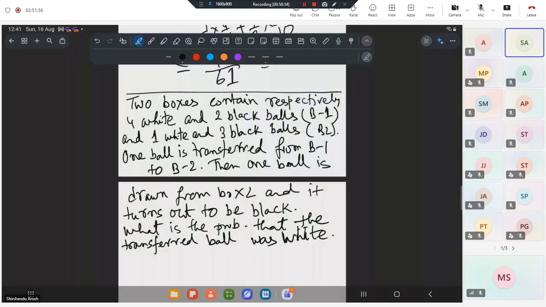Now, of course, this scenario is kind of hypothetical. But if you take white as digit 0 and black as digit 1, and you think of box 1 as a sender and box 2 as a receiver, you might recognize some digital communication concepts in this problem. Suppose you have some set of 0 and 1 digits and you are sending them one by one, and in between there could be some noise or corruption. Whatever you receive might be something else: you send 0 and it arrives as 1.